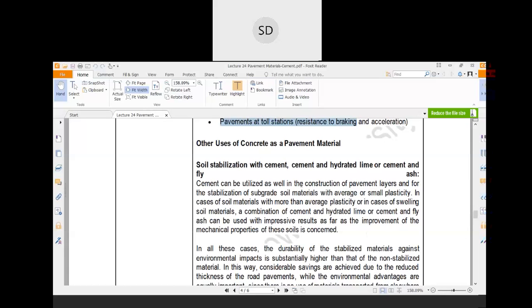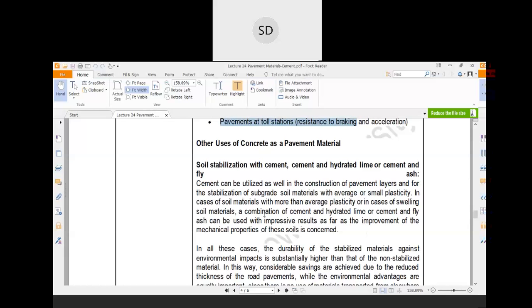Now besides this, there are other uses of concrete in pavement material. The first one is soil stabilization with cement and hydrated lime, or cement and fly ash. So cement can also be used as a stabilizer material. Suppose whenever you are constructing a road, either you cut portions, or you build an embankment.